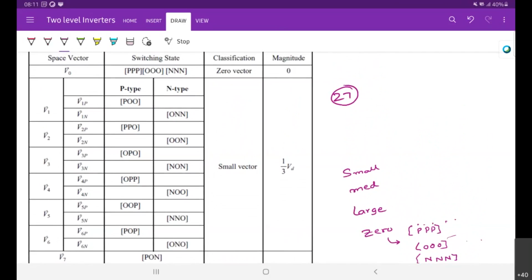The small vectors consist of P and 0, that is one group, or N and 0. So these are the small vectors, and we'll discuss them here.